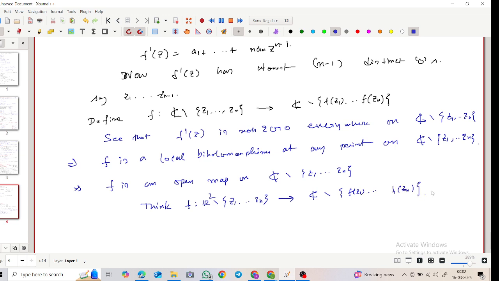It will work, no? Because when I'm talking about f being an open map, I no longer need the notion of differentiability in complex, okay? Openness is a strictly topological property. Continuity is a topological property. I don't need the notion of differentiability or analyticity anymore.